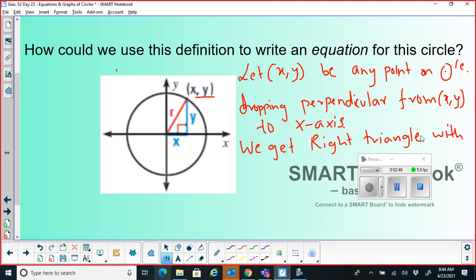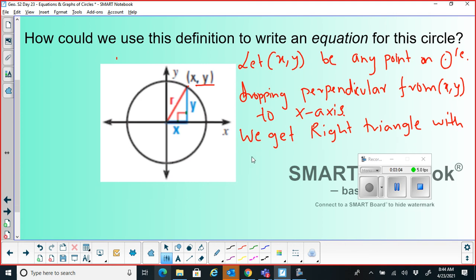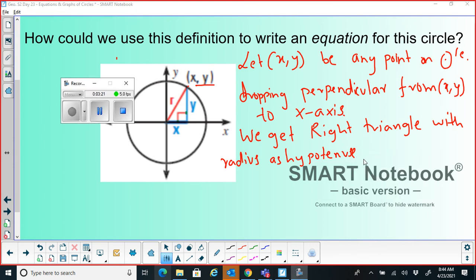You can see here, if I drop a perpendicular from this point to here, the height is the y coordinate, which is y, and the distance from the y-axis is your x coordinate, which is x. We get a right triangle with radius as the hypotenuse, and x and y as the legs.